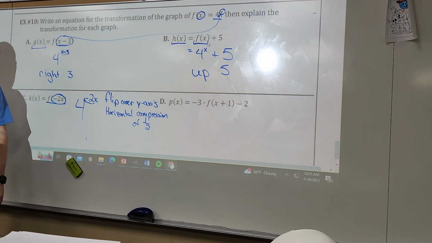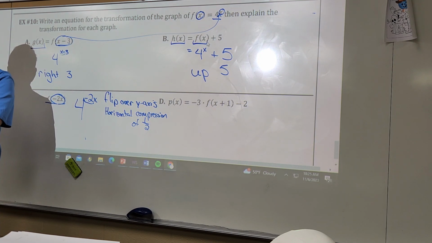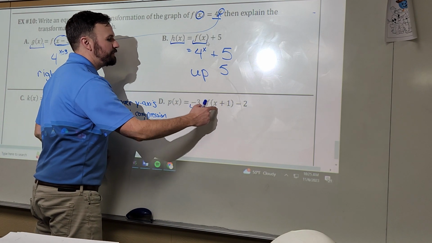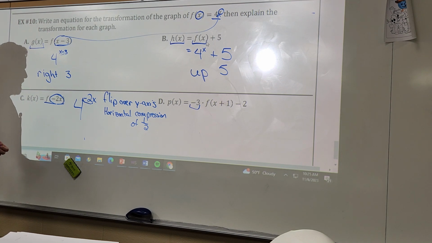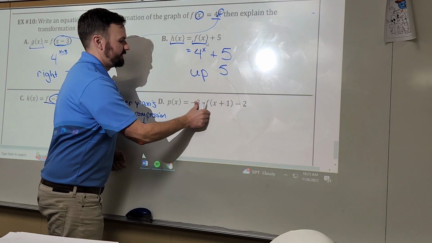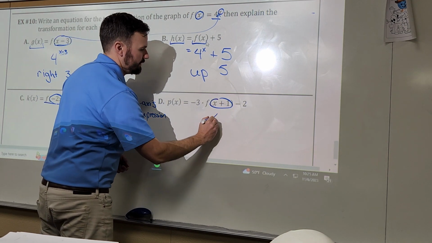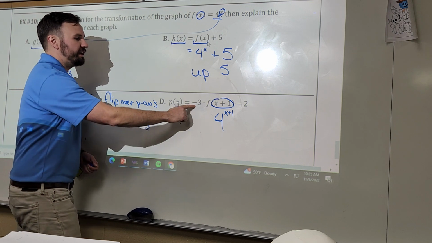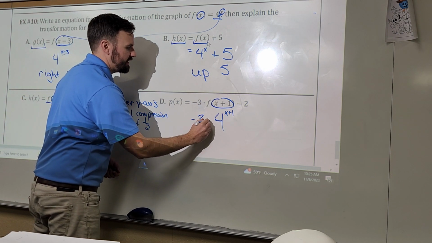All right, let's do something wild. We have negative 3 times f of x plus 1, minus 2. Take a deep breath, guys. We can do this. What am I plugging in for my x? So it's going to be 4 to the x plus 1. Agreed? That negative 3 is not in the parentheses. It's outside.